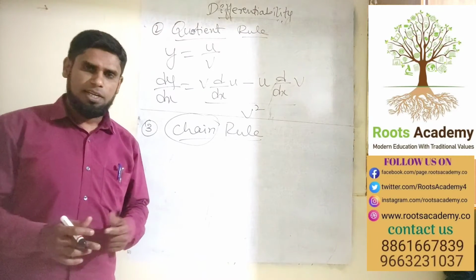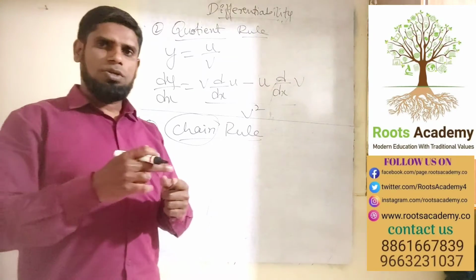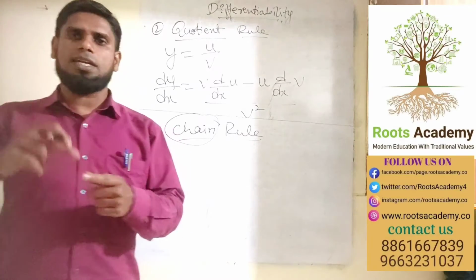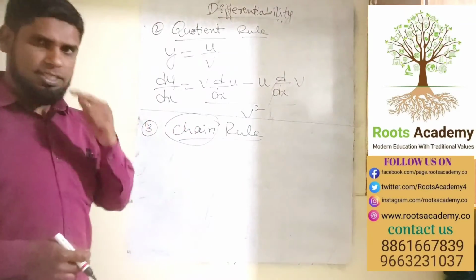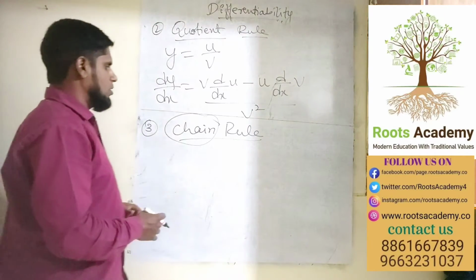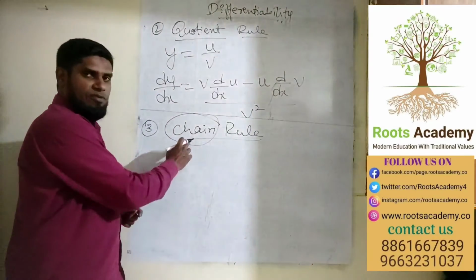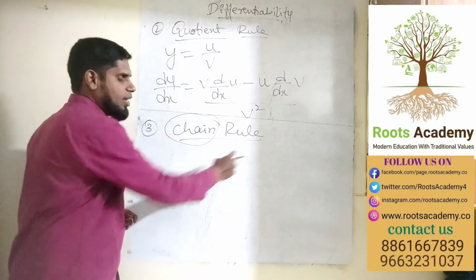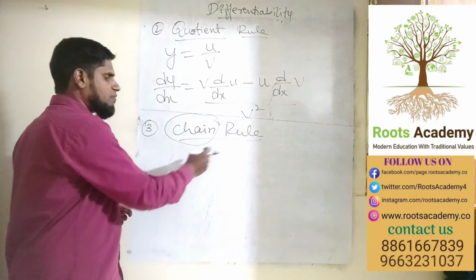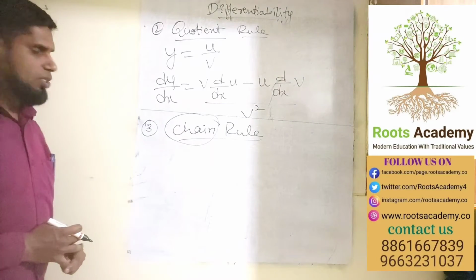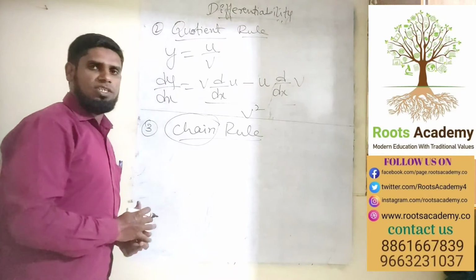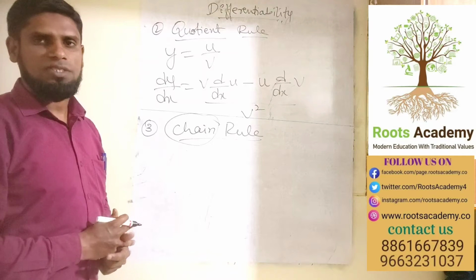We saw the chain, that it is linked to the other things. It is continuously linked things. That is called chain rule. So here a function is continuously linked. That is, before the function ends, one more function comes and joins the previous function. That kind of functions we can differentiate with the help of chain rule.